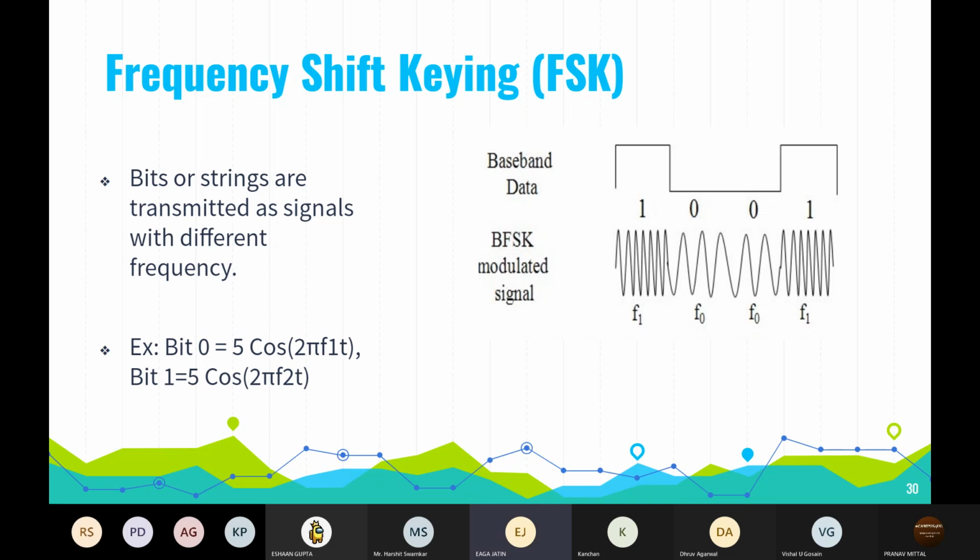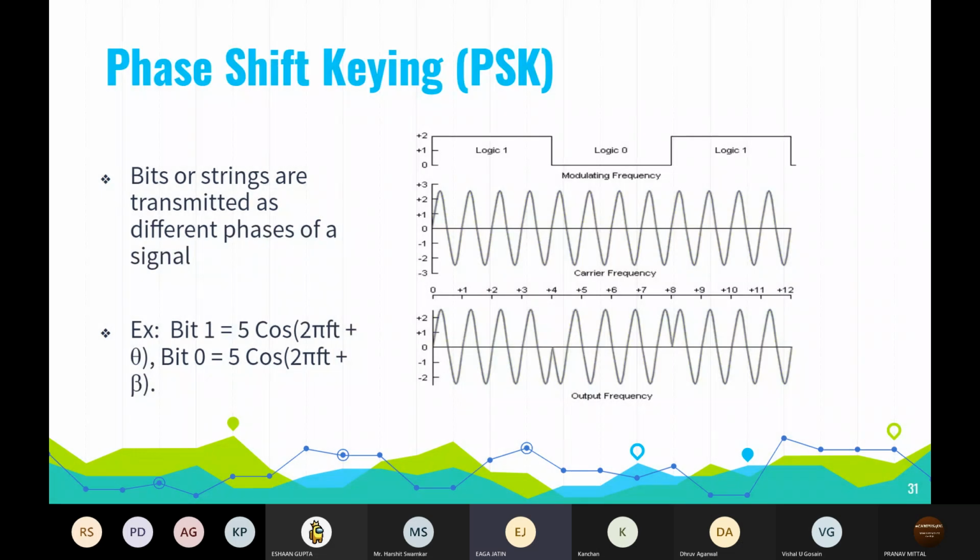Now let's see what is PSK, phase shift keying. The phase of the analog carrier wave is switched as per the input digital signal. This is analogous to phase modulation.